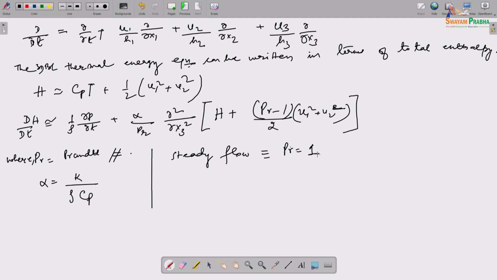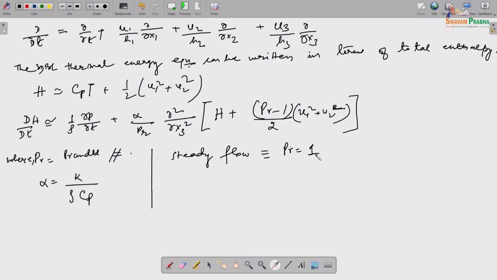So if you see here the total enthalpy then is constant everywhere if the wall is insulated. Make sense? So if you look at this equation here, Prandtl number is equal to 1.